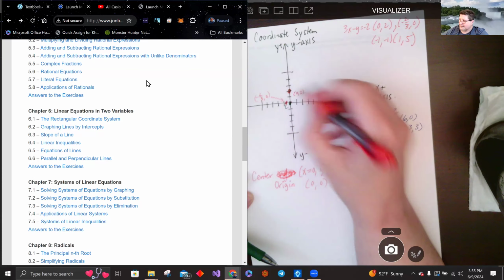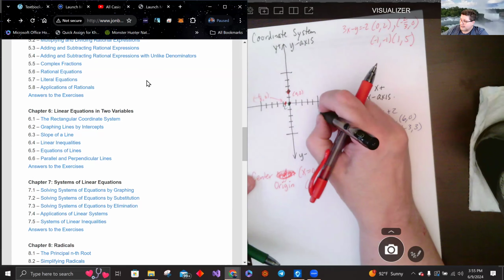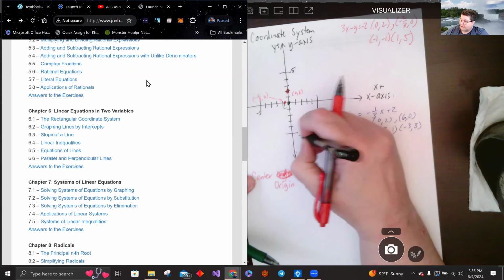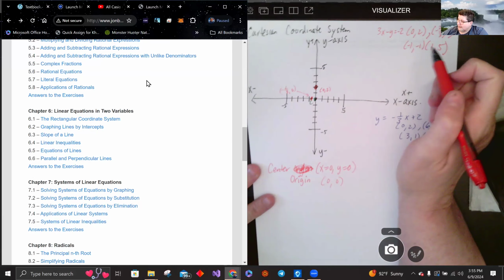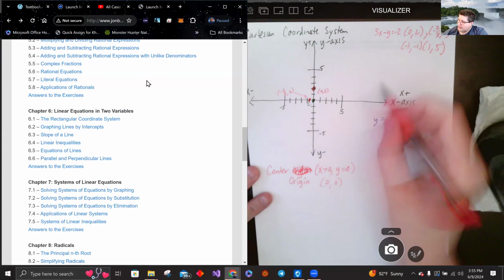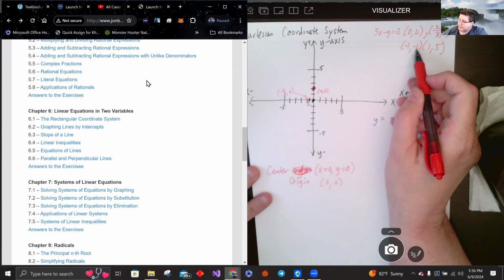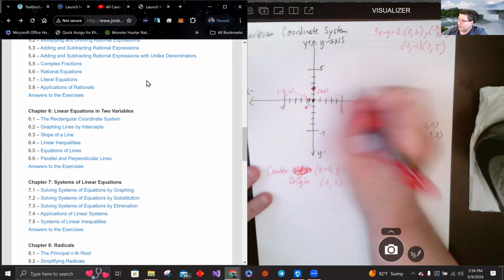It helps to put some scale on this: 5, 5, negative 5, and negative 5. If I do (-1, -1), I go left from the center one and down from the center one. Left one, down one. That's the (-1, -1).